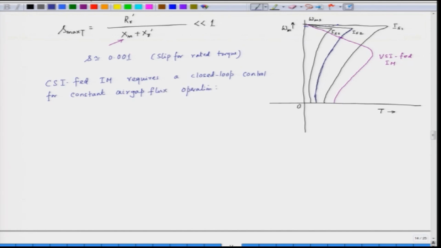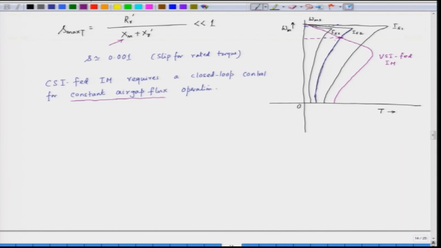So, we have to keep in mind that we are operating at constant air gap flux. If you want to have constant air gap flux, we have to operate somewhere here, and this requires a closed loop feedback because the CSI is operating in the unstable region.